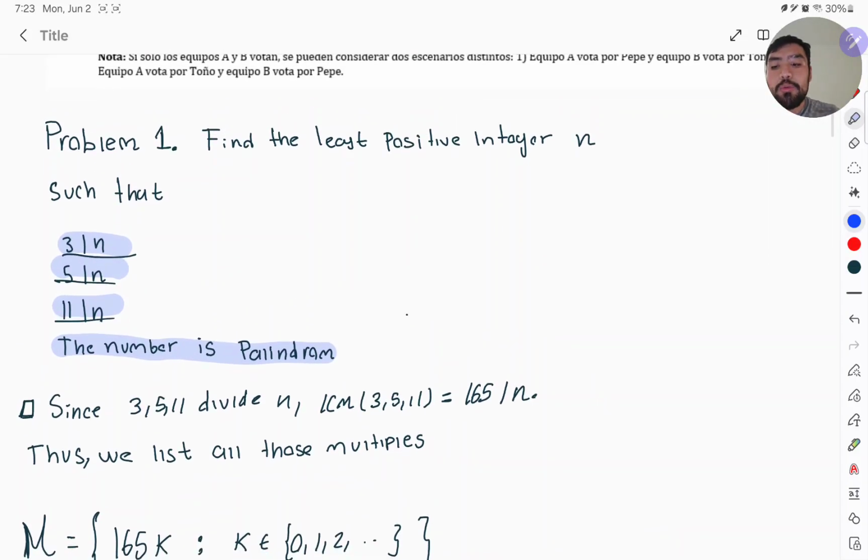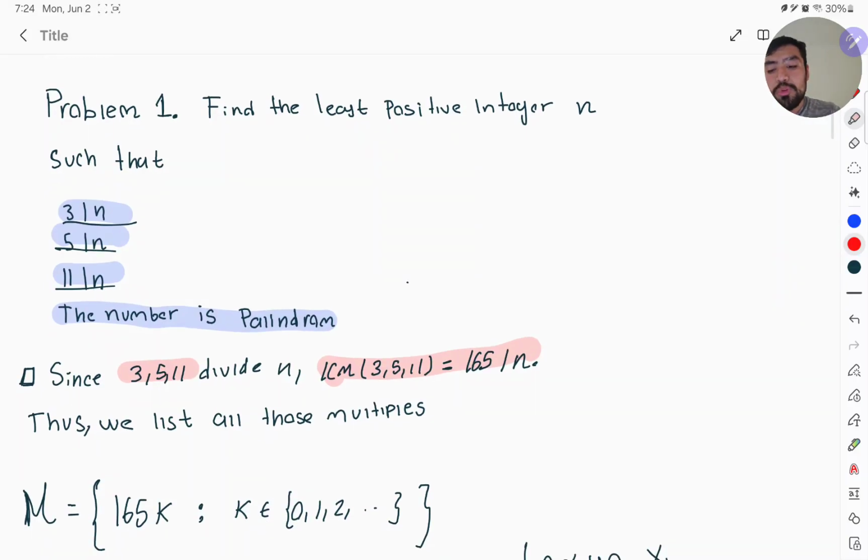So one of the key points here, probably the most basic one, is that since 3, 5, and 11 divide the number n, we can simply state that the least common multiple of 3, 5, and 11 divides n, concluding that 165 divides n, and hence all the possibilities for n can be found in the set M. So M is a set which contains all the possible values of n.